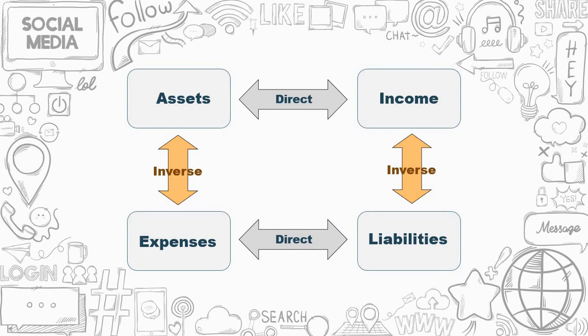And the cost of goods sold is an expense account. So since the cost of goods sold is an expense account, it has an inverse relationship with income. If they have an inverse relationship, it means that if the expenses are overstated, the income is understated, and vice versa.